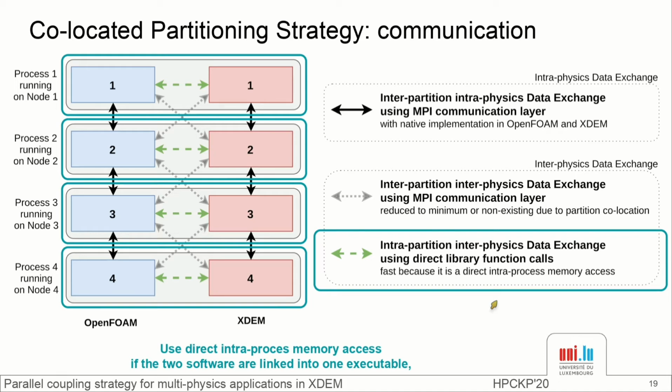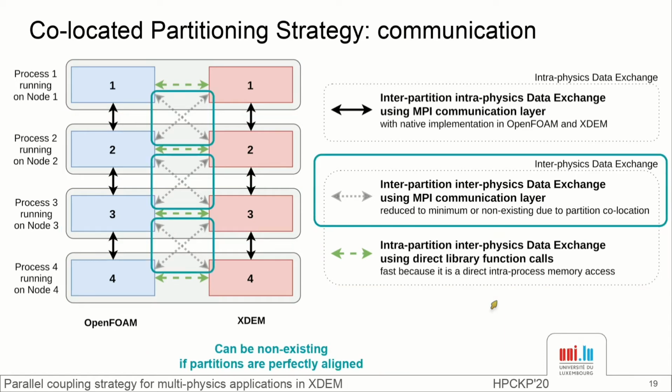Because we ensure that the two partitions are assigned to the same process, by linking the two executables, the two libraries into one executable, this data exchange can actually be done by direct memory access, and then it will be much faster than traditional communication using a network interface.